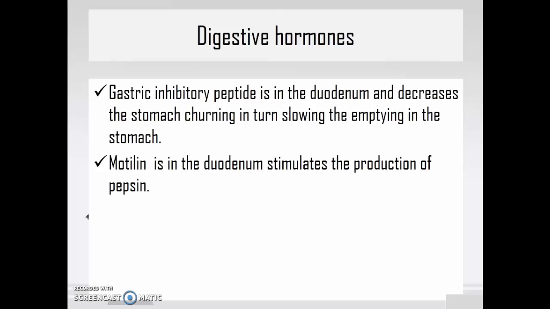Now there is another hormone with the name motilin. It is also produced in the duodenum, and it stimulates the production of pepsin. So this is how the endocrine system interacts with the digestive system, to make it easy for it to work.